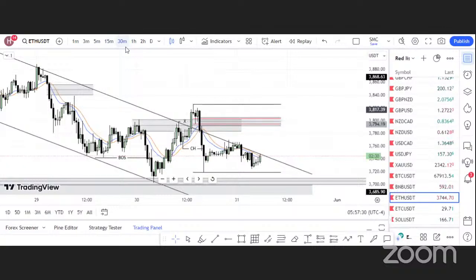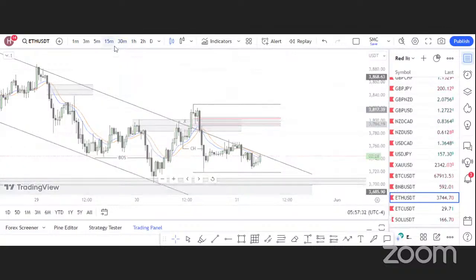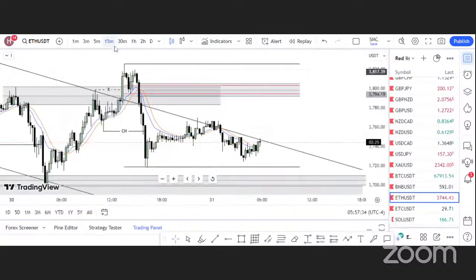So let's wait and see if the trend line is going to be respected or if the market is going to close above the trend line. So we have two possible scenarios here. The first scenario is for the market to go above, giving us a buy opportunity.